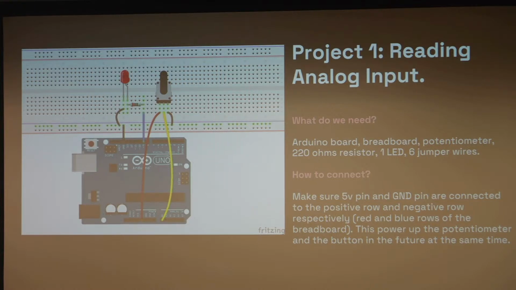So two are missing? What am I missing in the kit? No, one component, the potentiometer. Let me see. So one for you here. You're welcome. So you could wire it?